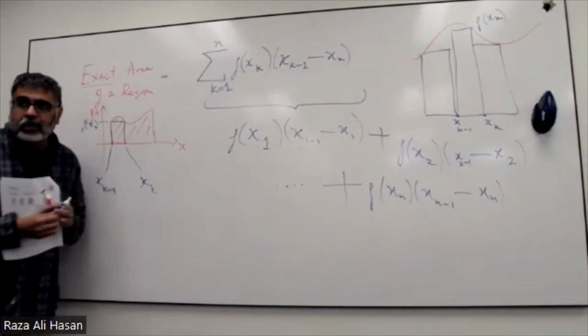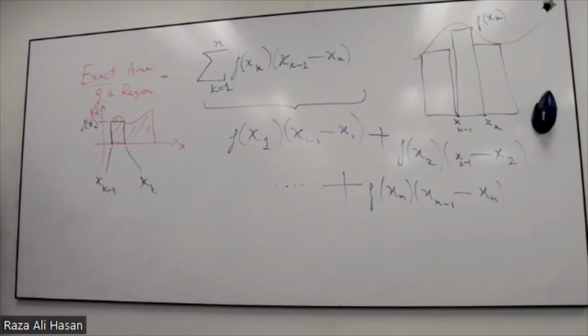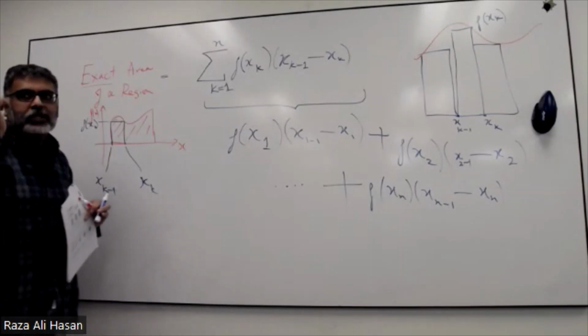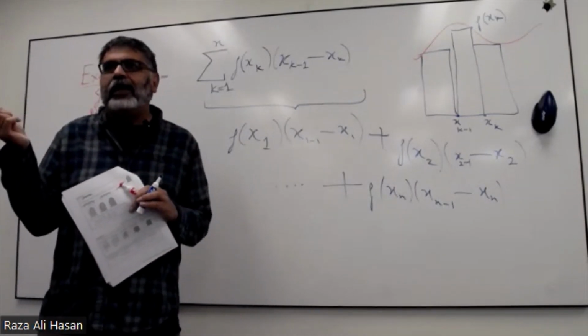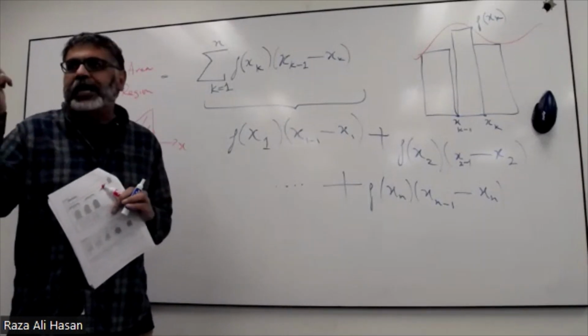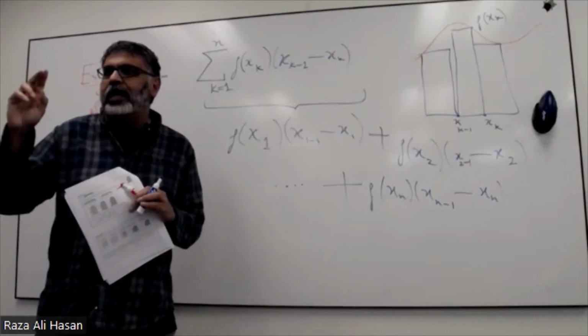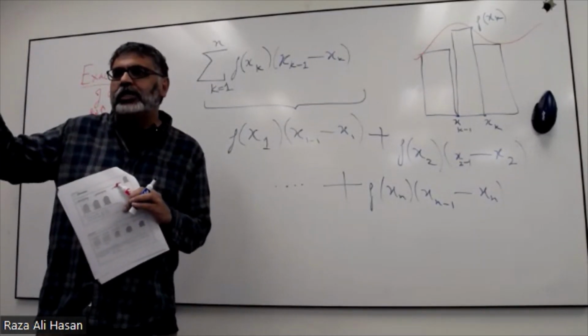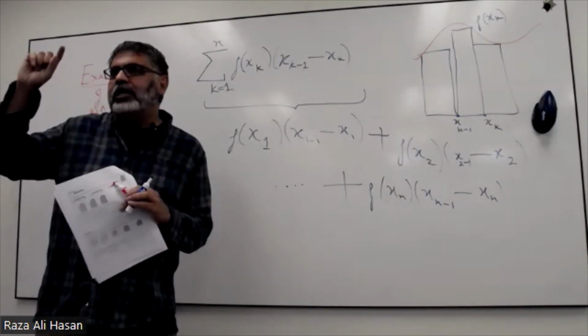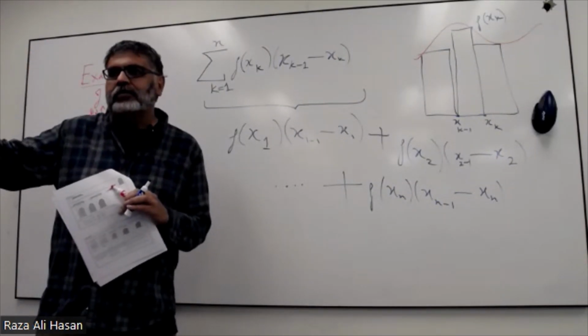So N is just the number of rectangles. Yeah, N is a natural number. And we are saying N can be 18, N can be 4, N can be 222, and eventually goes all the way to infinity. Right?